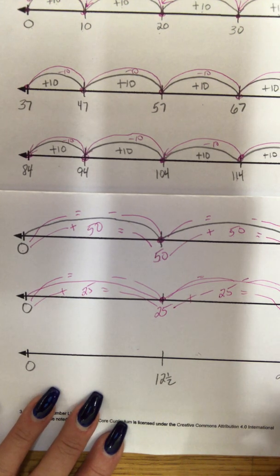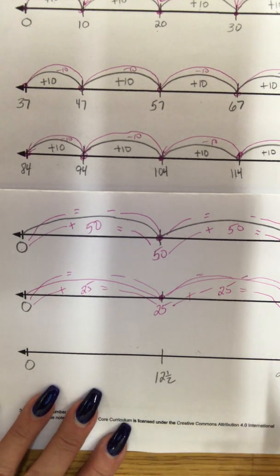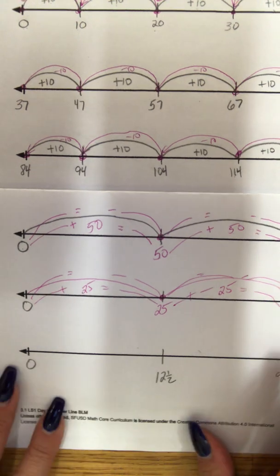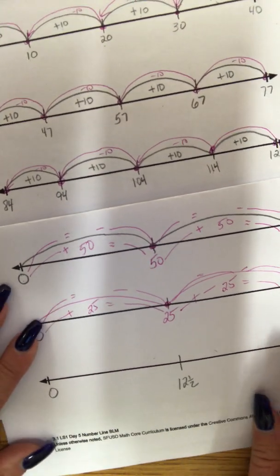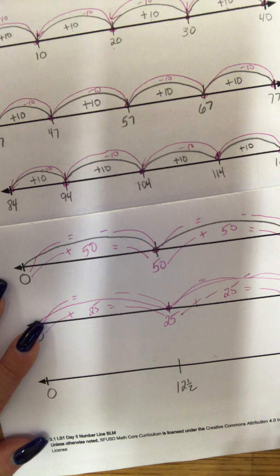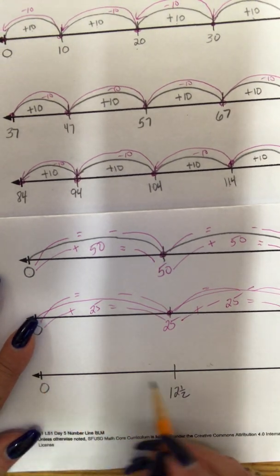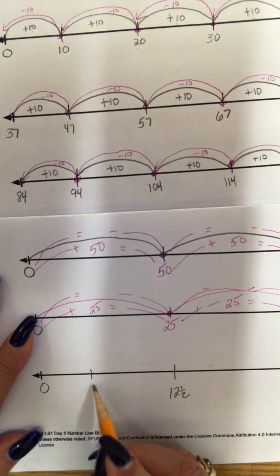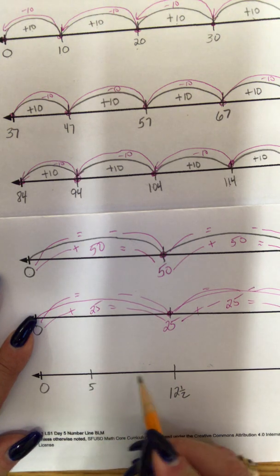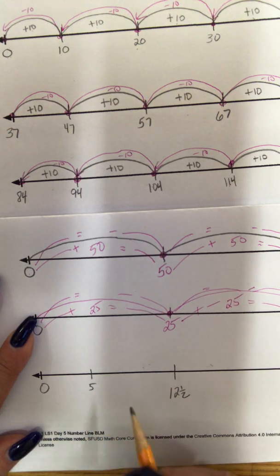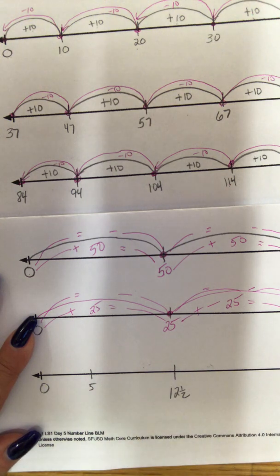Oh, that's a good announcement. School is closing early. Okay, so 12 and a half. We know that that's 12 and a half. It looks so funny. So what if we did, let's see, how about 5, 10?